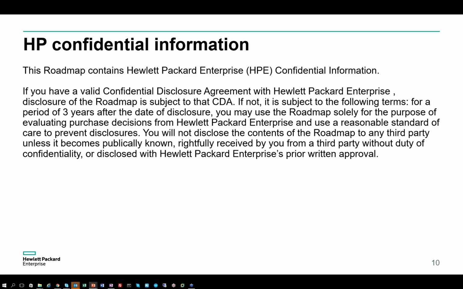For a period of 3 years after the date of disclosure, you may use the roadmap solely for the purposes of evaluating purchase decisions from Hewlett-Packard Enterprise and use a reasonable standard of care to prevent disclosure. You will not disclose the content of the roadmap to any third party unless it becomes publicly known, rightfully received by you from a third party without duty of confidentiality, or disclosed with Hewlett-Packard Enterprise's prior written approval. So that was a mouthful. We're done with that part.